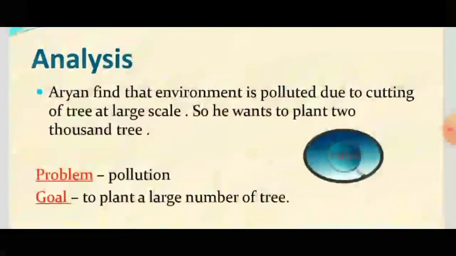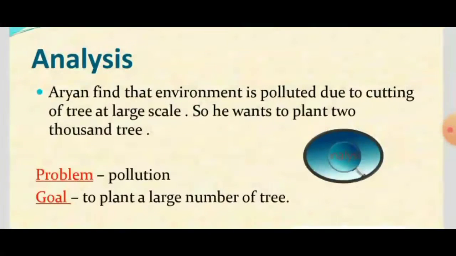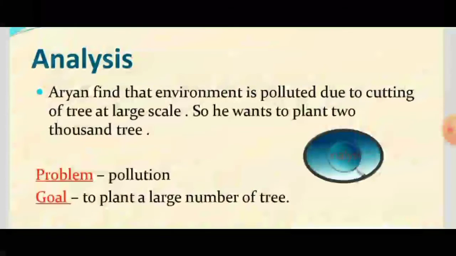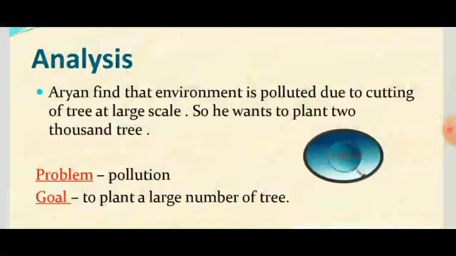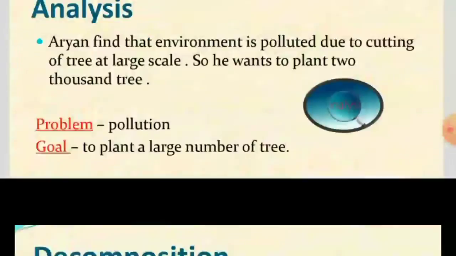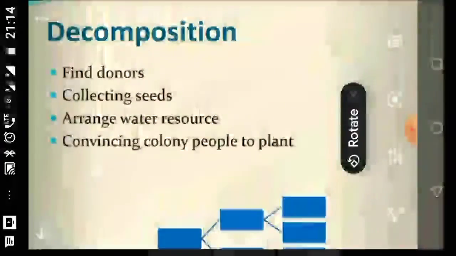And what's the problem? Pollution is the problem. He finds that after cutting the trees, the environment becomes polluted. And what's the goal? To plant 2000 trees.